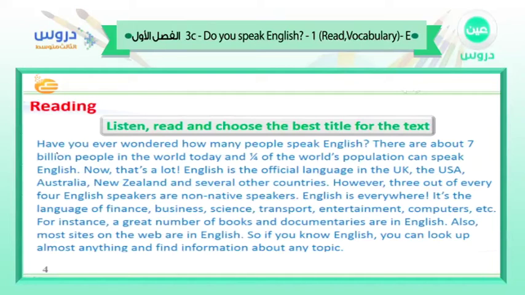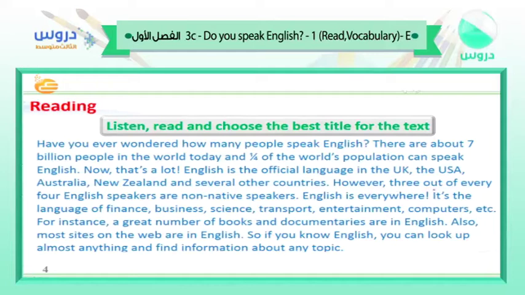Please try to read it with me and follow me. Have you ever wondered how many people speak English? There are about 7 billion people in the world today, and a quarter of the world population can speak English. Now that's a lot. English is the official language in the UK, the USA, Australia, New Zealand, and several other countries.